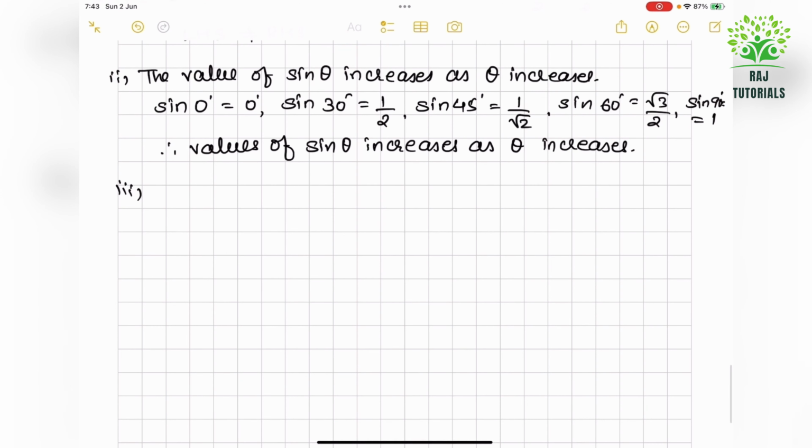The third one says the values of cos theta increases as theta increases.